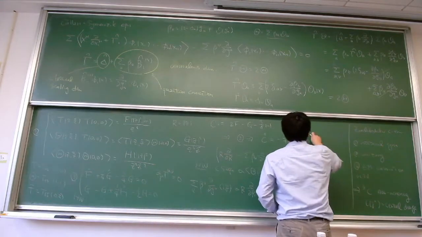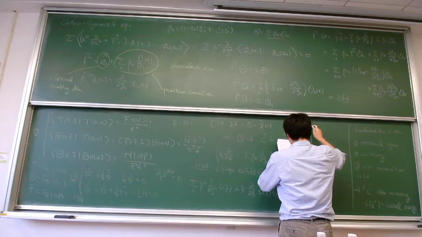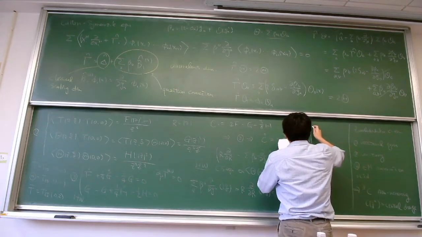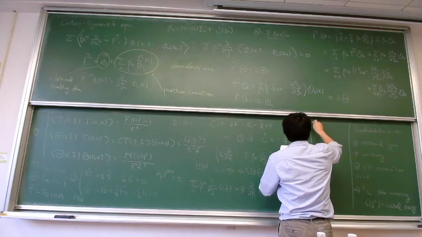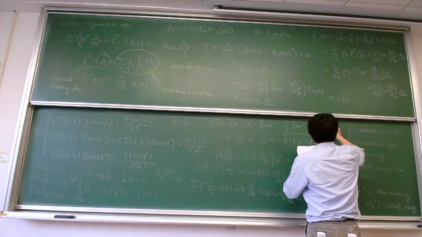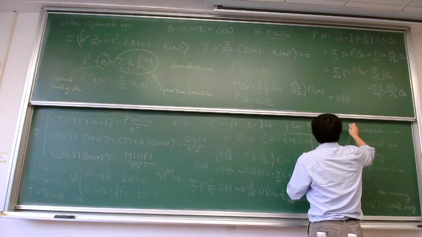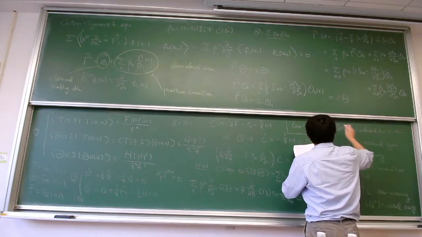is called homological GAB, is equal to R to the fourth, R to the 4 partial... no, sorry, it's an operator.